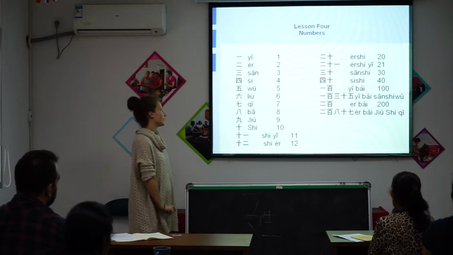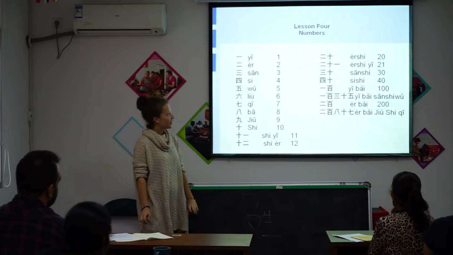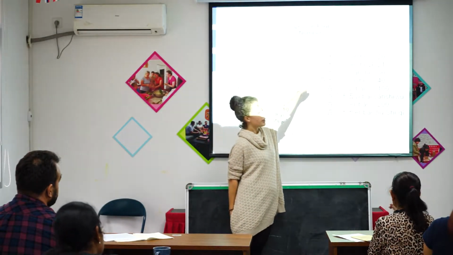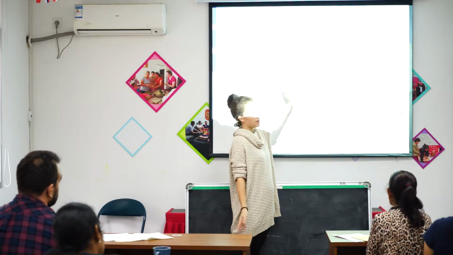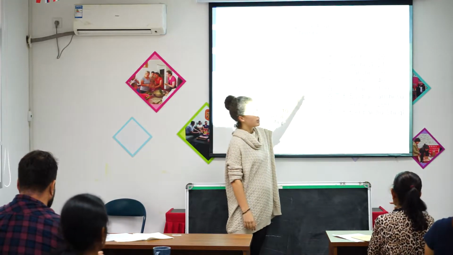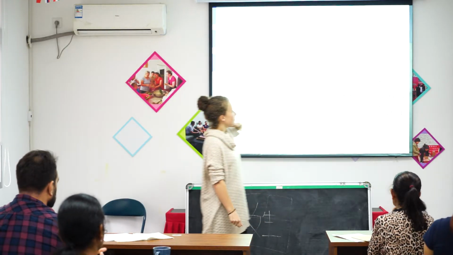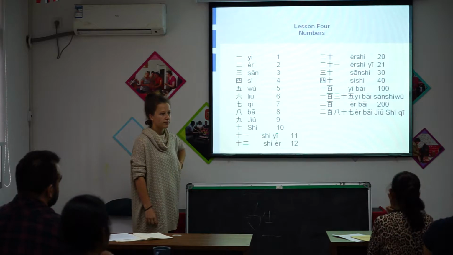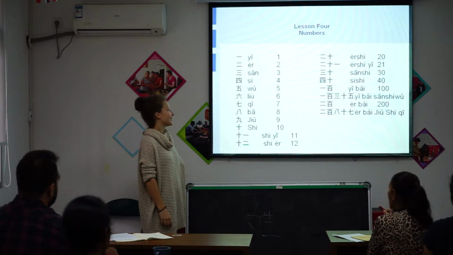How about 15? Yes. Very nice. And then if you want to make number 20, how do you do it? You put number 2 in front of 10. 20. 21 is er shi yi. So how do you say 25? Yes, very nice.